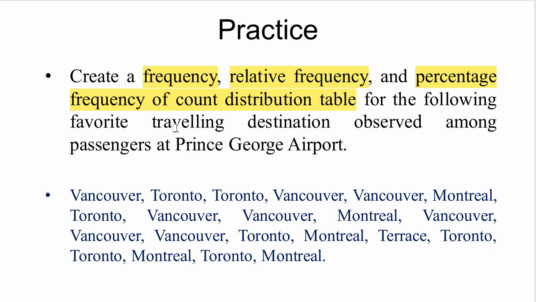And so we are looking at individuals traveling from Prince George, and we are asking ourselves, what is your favorite traveling destination? If you are traveling from Prince George to some other place in Canada, which place would you like to travel to? For the individuals that we talked to, some said they would like to travel to Vancouver, some said Toronto, some opted for Montreal, and some people also opted for Terrace.